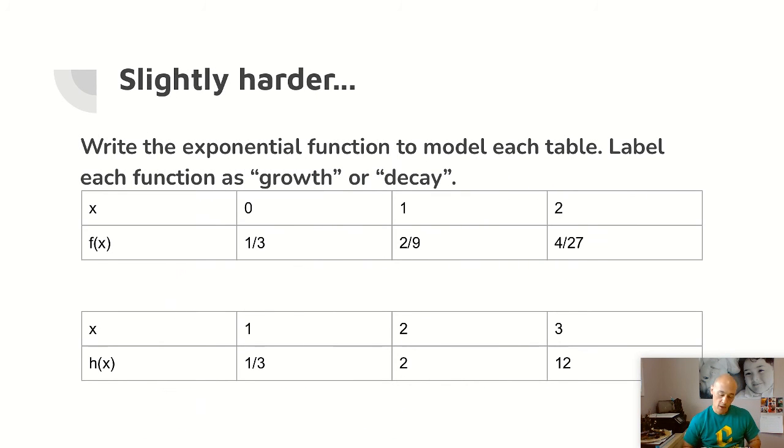All right. So these are a little bit harder, maybe. I think they are. We're going to try to do the same thing here. So just quickly think about f of x. Can anyone tell me, what does this part right here tell me?